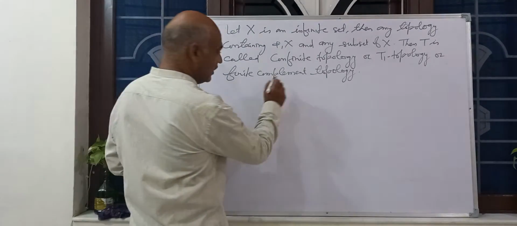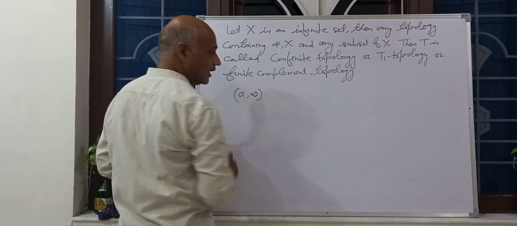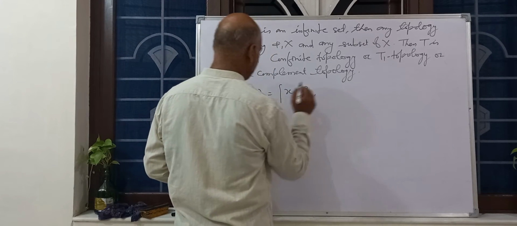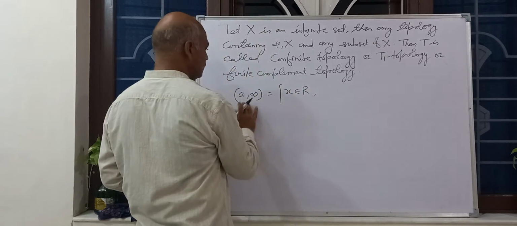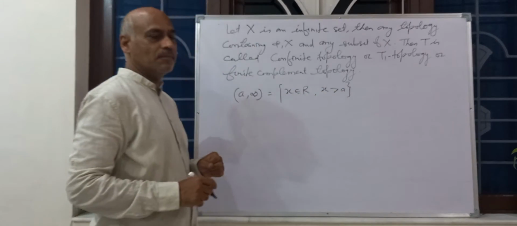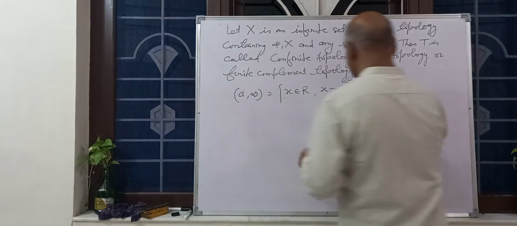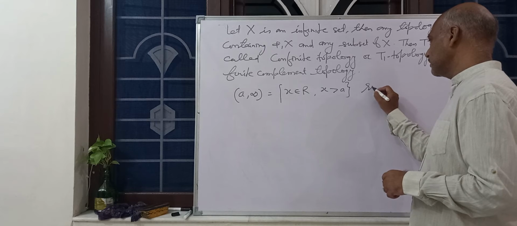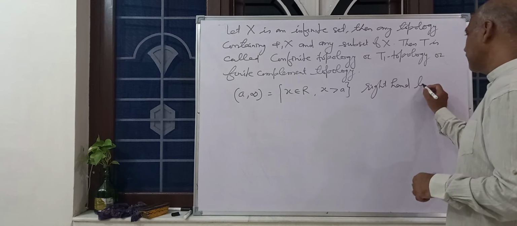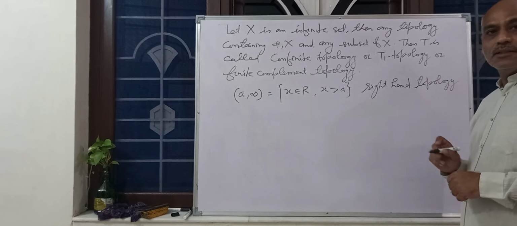Now a topology is given like this one: A to infinity, where x belongs to R and x is greater than A. This is known as right hand topology.